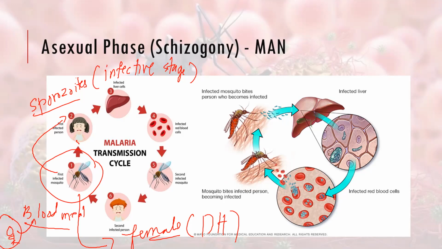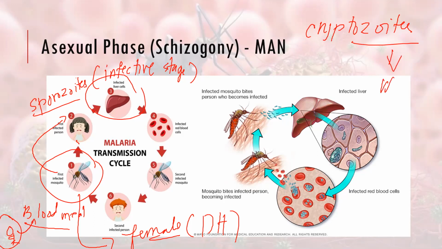Now, what will happen? The cryptozoites develop in the liver cells into merozoites. Okay?